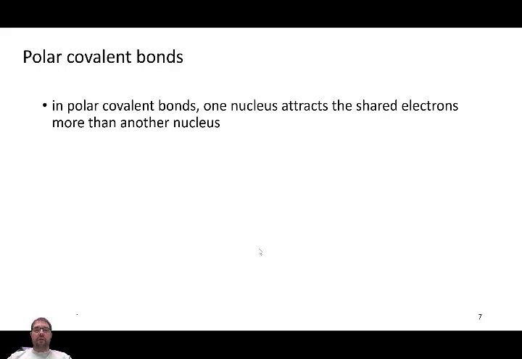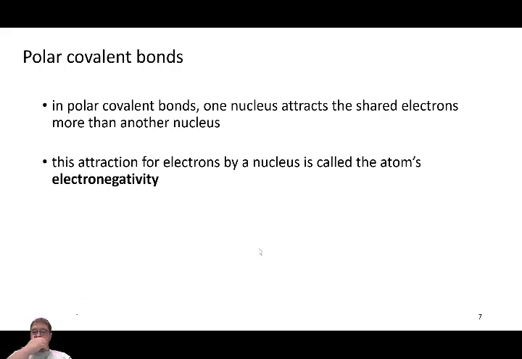Right? So it's pulling the electron closer to its nucleus. So one side of the molecule is going to have a negative charge. The other side of the molecule will have a positive charge. That attraction is what we call electronegativity. Different atoms have different levels of electronegativity.